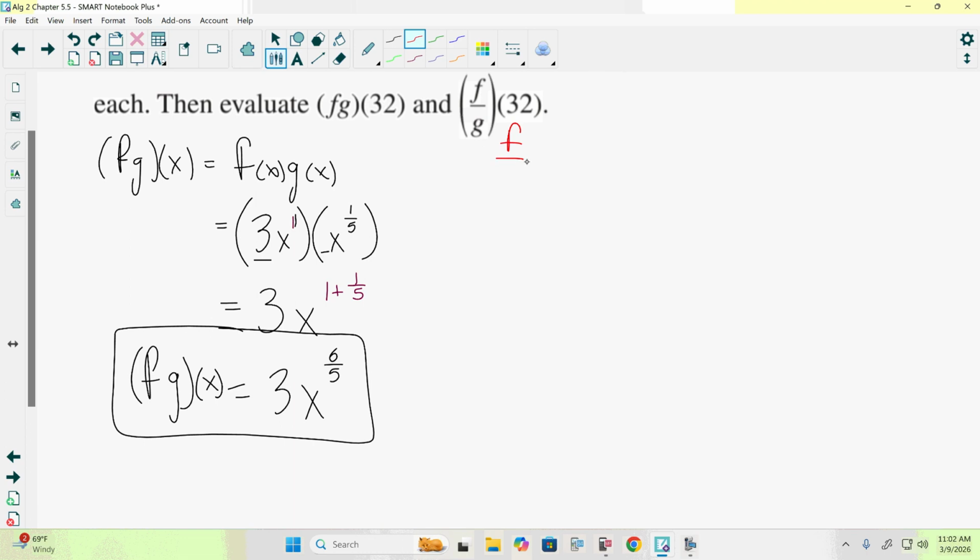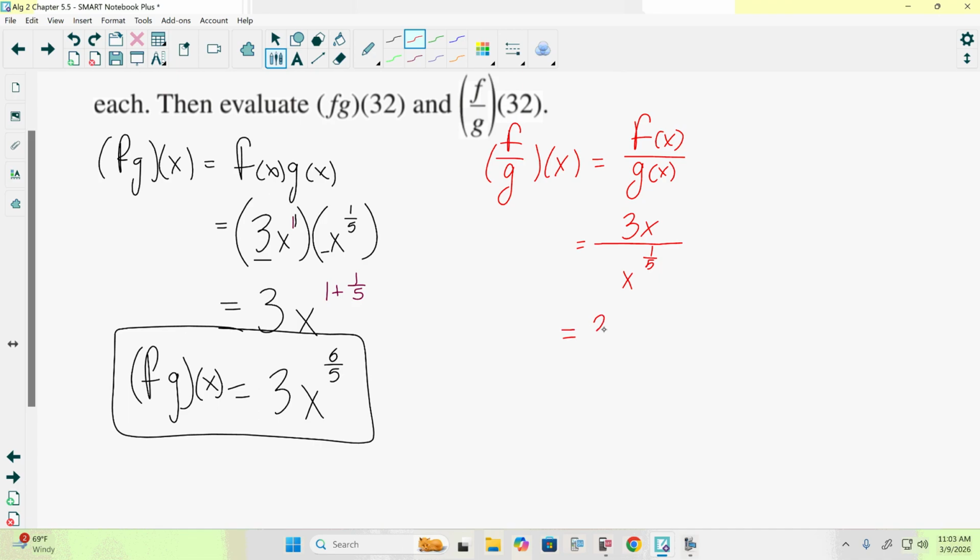Now we'll also look at the other, our f divided by g of x, which is f of x divided by g of x. And f of x for us is still 3x. G of x is x to the 1/5.